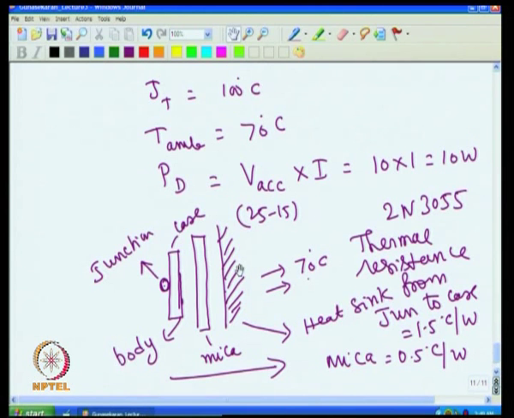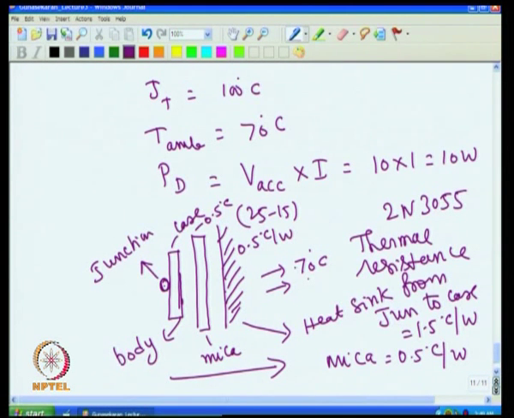Suppose the thermal resistance of the heat sink is say 0.5 degree C per watt, and the mica thermal resistance is 0.5 degree, and this is 1.5 degree. That means total thermal resistance from here to ambient, if I take 1.5, another 0.5 for mica, 2 degree, and then another 0.5 for heat sink, 2.5 degree is the thermal resistance from junction to ambient.